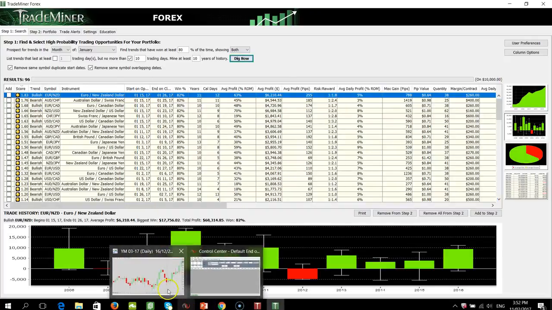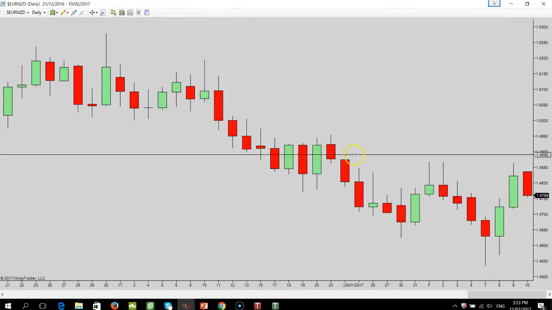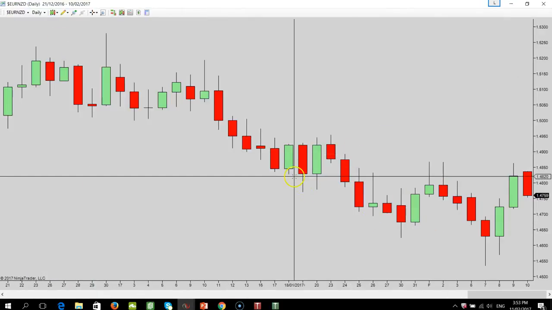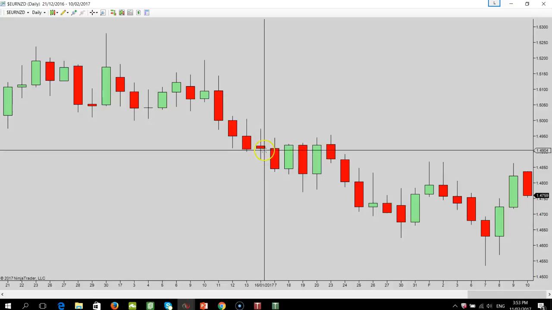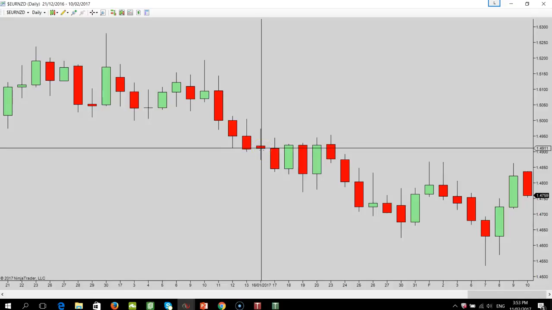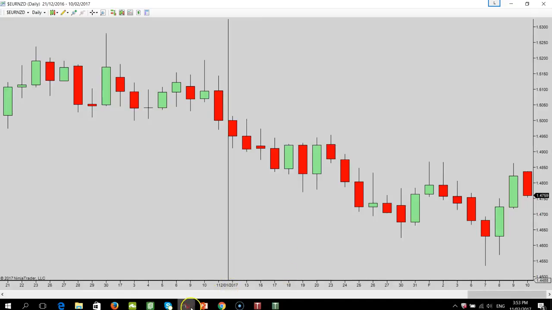On the 15th. Okay, where are we here? The 15th was a Sunday, so it'll be the 16th. Where are we trading here? Around 149.19 until when?